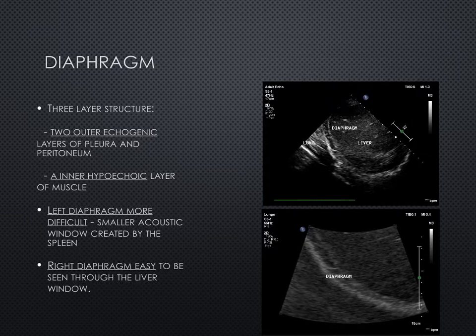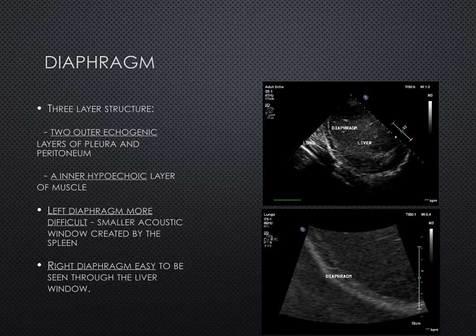You've got two layers that are more echoic, so you'll be able to visualize them better. They're much brighter in appearance, and that's the layer of the pleura of the thoracic cavity and the layer of the peritoneum sliding against one another, and it makes a really bright white hyper-echoic image.